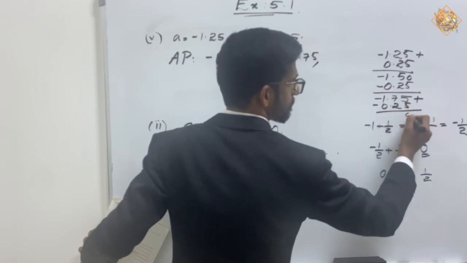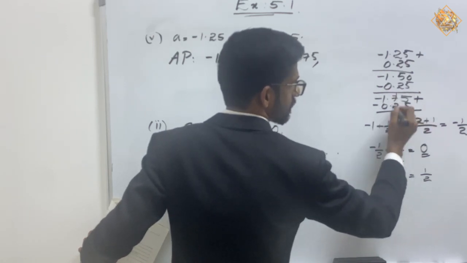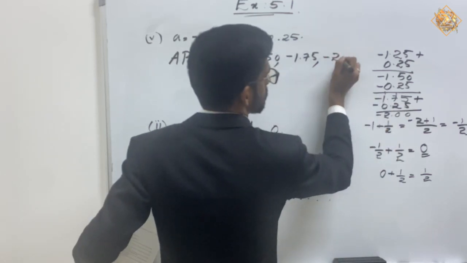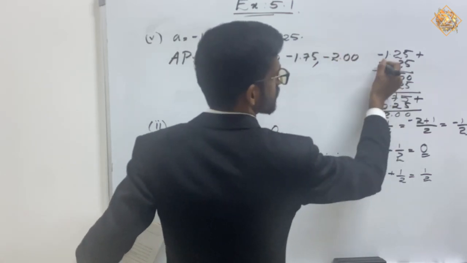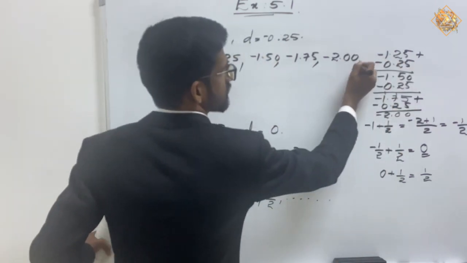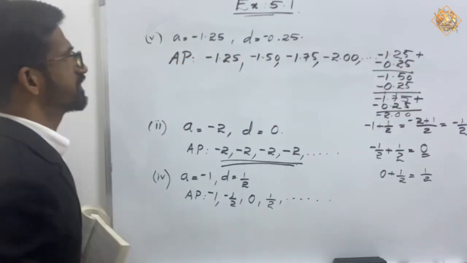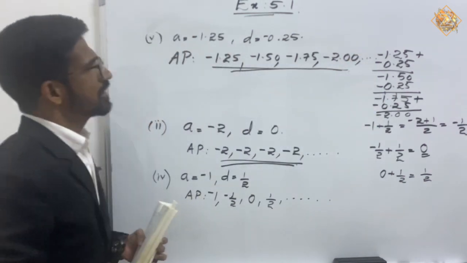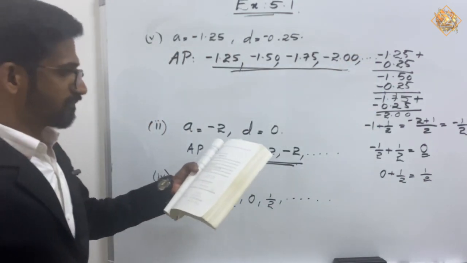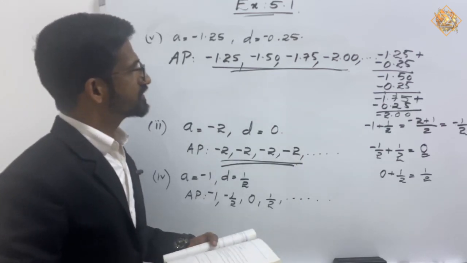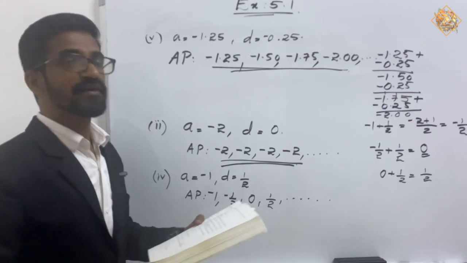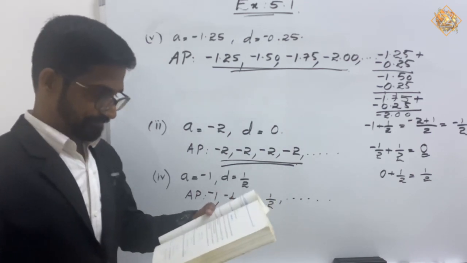So it will be minus 2.00, that is minus 2. So we got the required first four terms of the AP: minus 1.25, minus 1.50, minus 1.75, minus 2. These are the required first four terms of the AP.